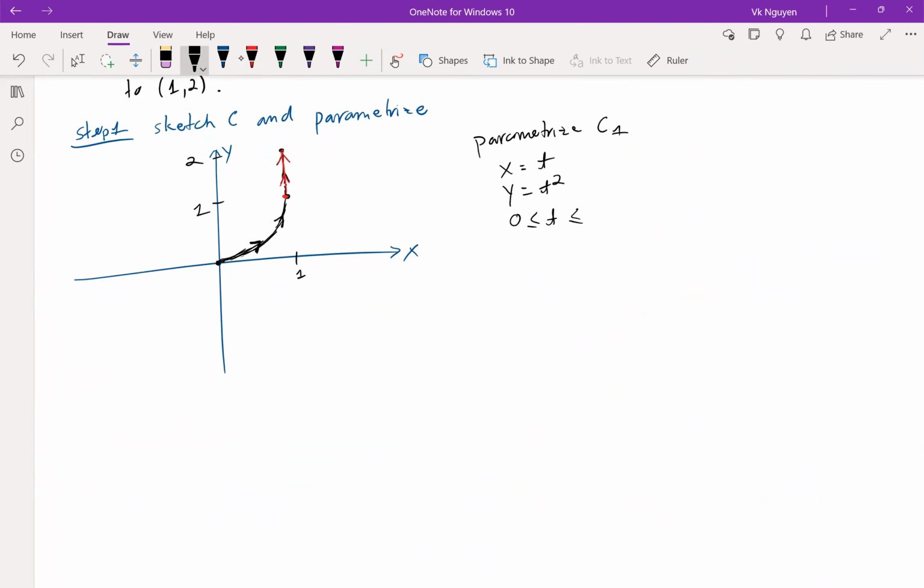Okay, so now I have to parameterize C2. Well, C2 is just a straight line, right? Most of you already know how to parameterize a straight line, but if you don't, here is a reminder.